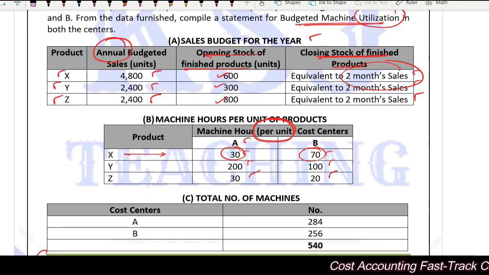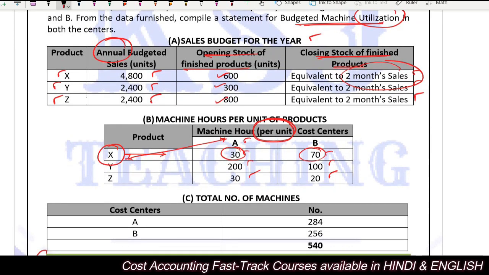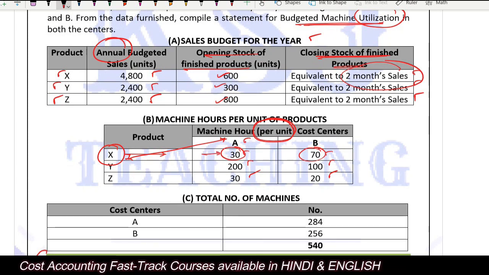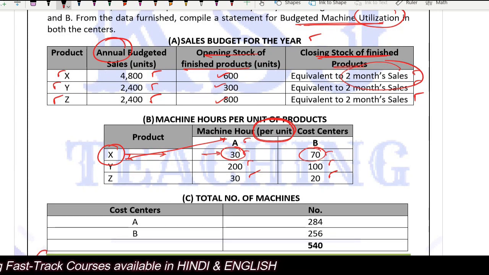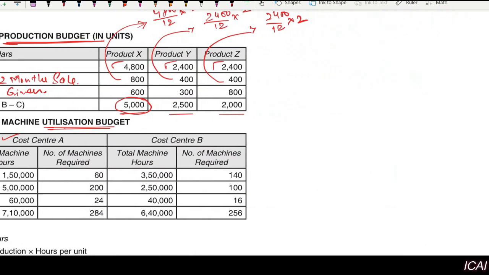For manufacturing 1 unit of X in the cost center A, the number of hours required is 30, right? 30 hours for 1 unit. How many units do you want to manufacture? 5,000, right?